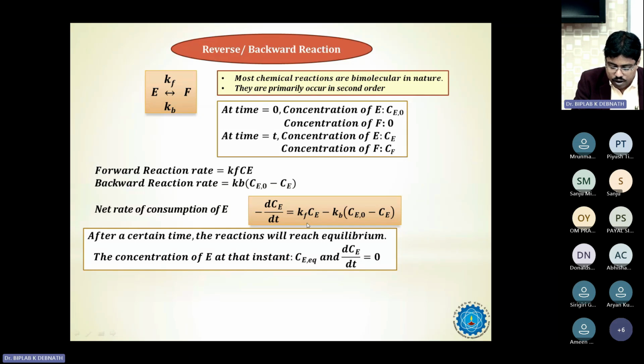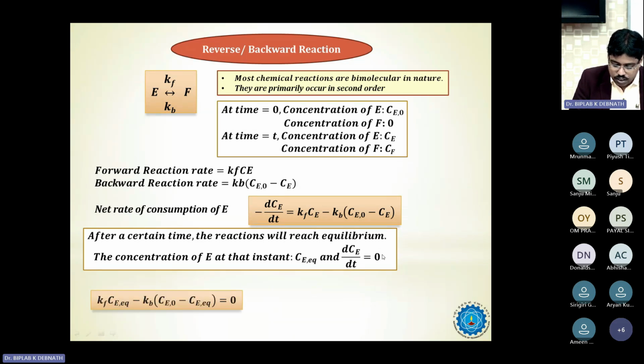That means in the forward reaction, whatever constituents are forming, minus whatever constituents are participating in the backward reaction. After a certain time, the reaction will reach equilibrium. The concentration of E at that instant, let us consider as C equilibrium, and at that time dCE dt should be equal to 0.